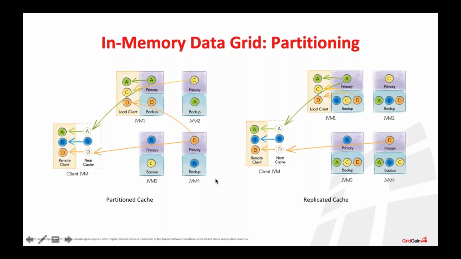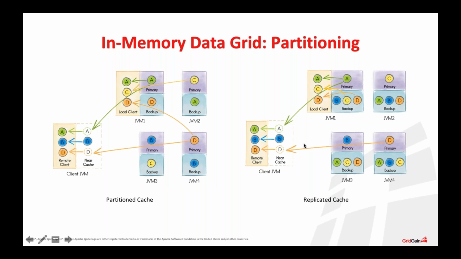And as for the replicated cache, in the replicated cache, there will always be a primary node, a node that stores a primary copy of a key. Like here, we see that JVM1 is also a primary for key A, but the rest of the nodes will store the same copy of the key.